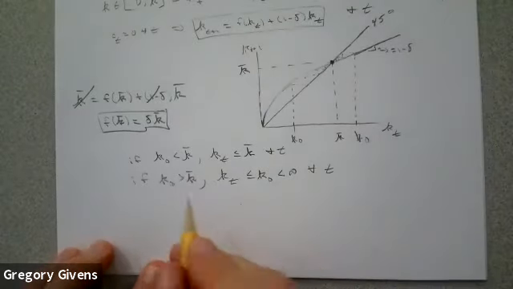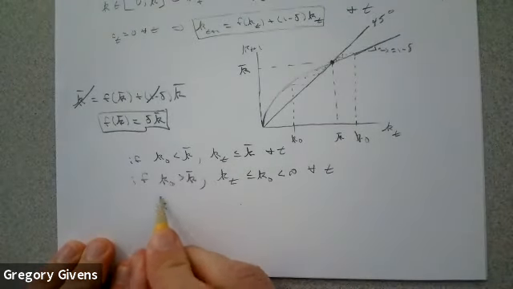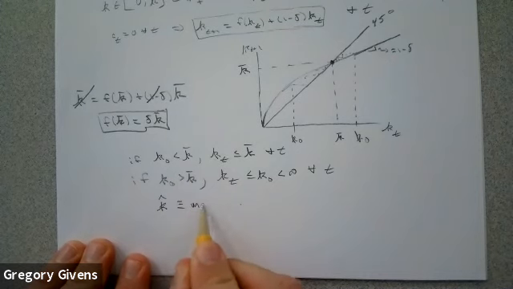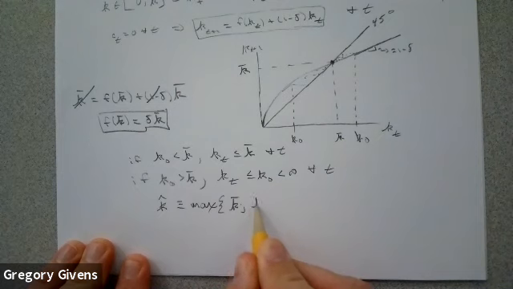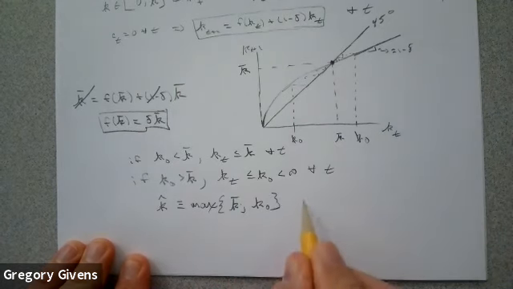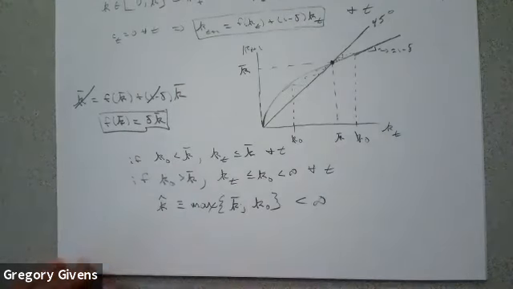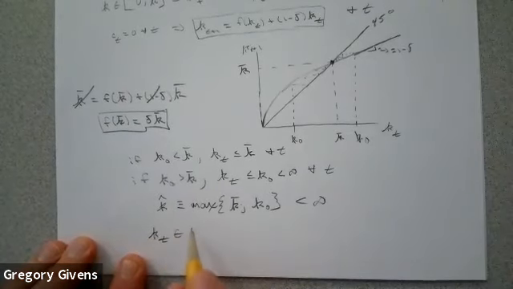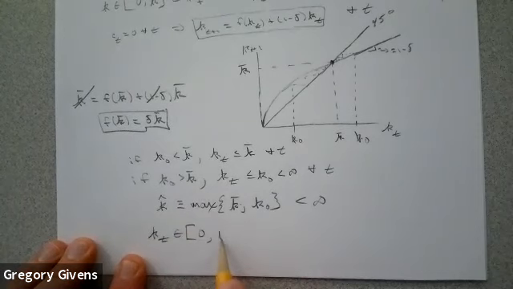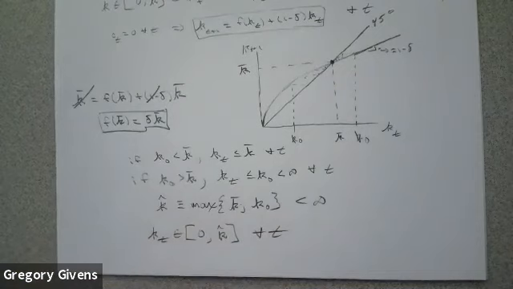Let me define K hat as the max of K bar and K_0. What we've shown here is that K_t must be somewhere between 0 and K hat for all t.